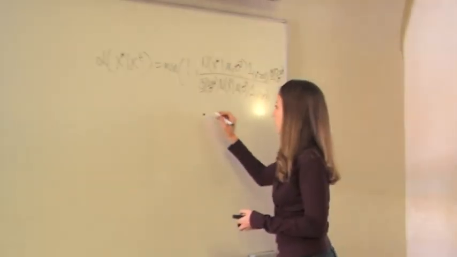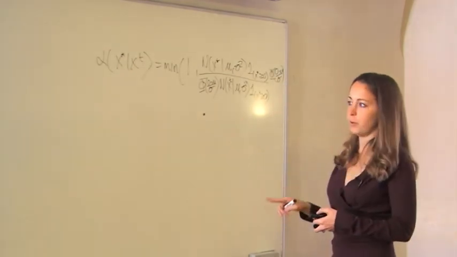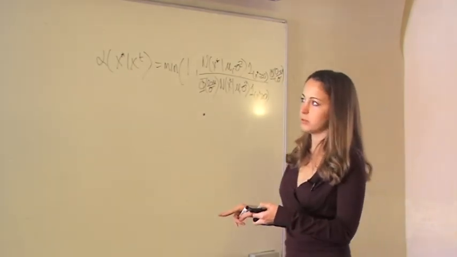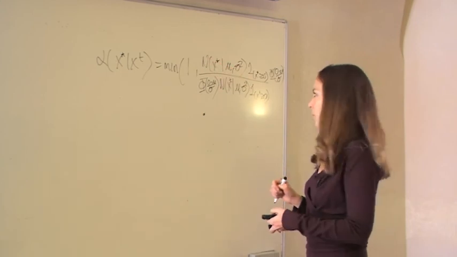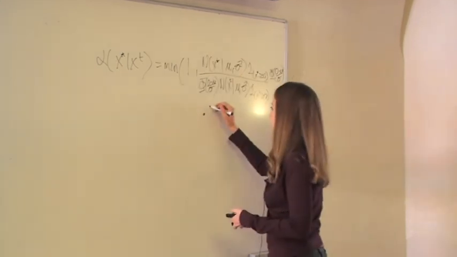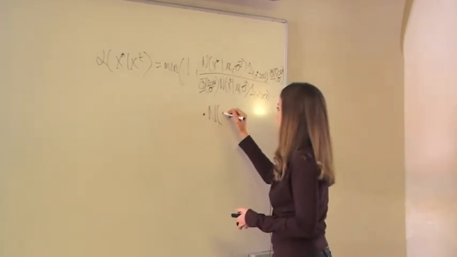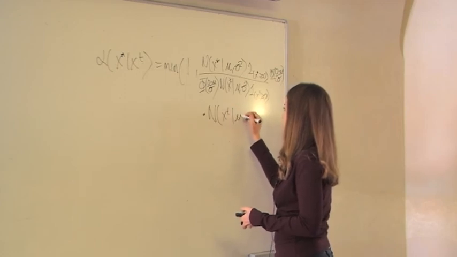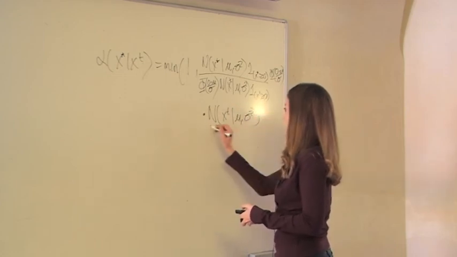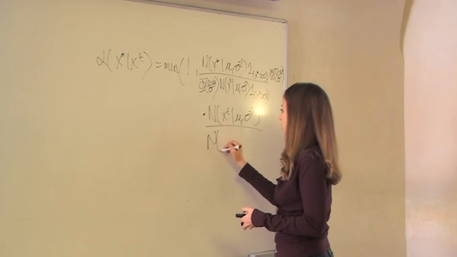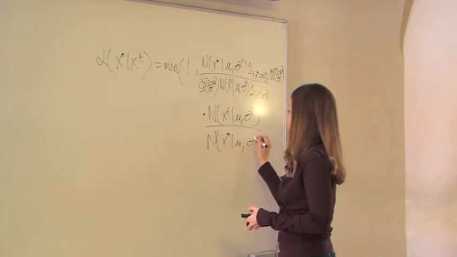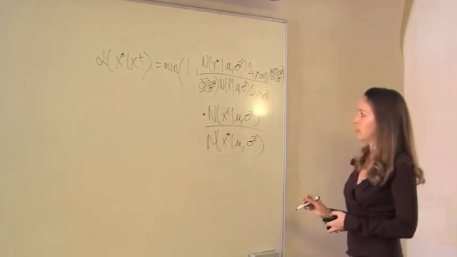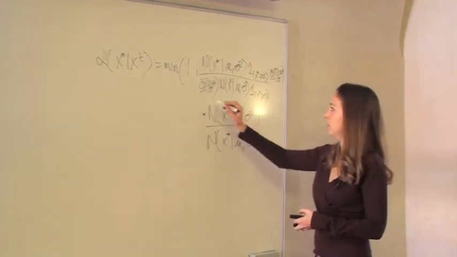Now we have to multiply by the ratio of the proposal. So we said our proposal is just a normal. So we have the normal at x t, mu, sigma squared over normal at x star, mu, sigma squared. So you see some terms cancel here.